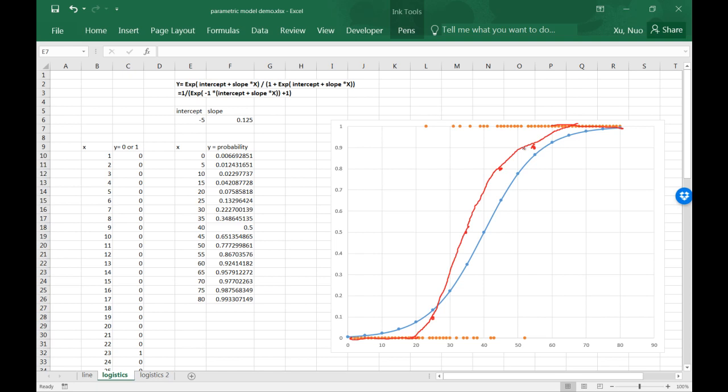The optimal curve that we are looking for: we are trying to adjust the blue curve, which is described by this logistic function, the model, to match the red curve, which is the probability curve that we derive from the actual data set.